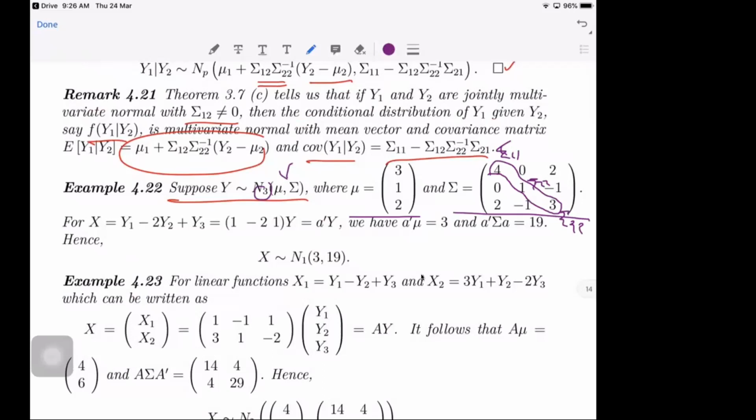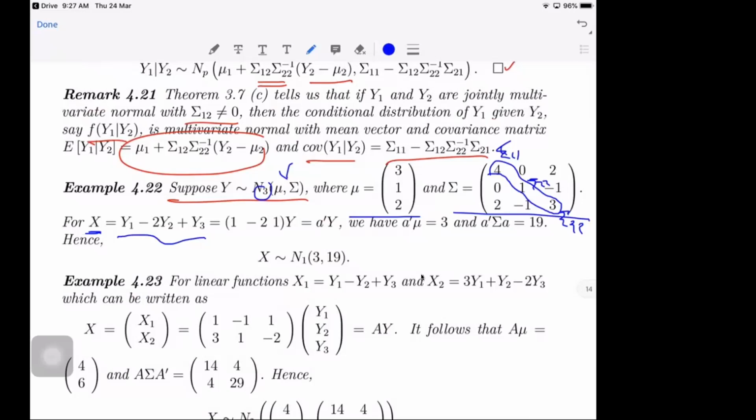So for x, a linear combination of y1 and y2 and y3, we write it as x. So ang imong x is a linear combination of y1, y2, and y3. So particularly, we have y1 minus 2y2 plus y3.